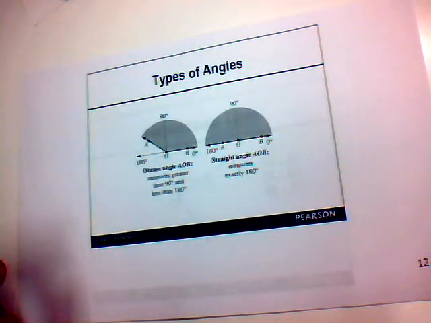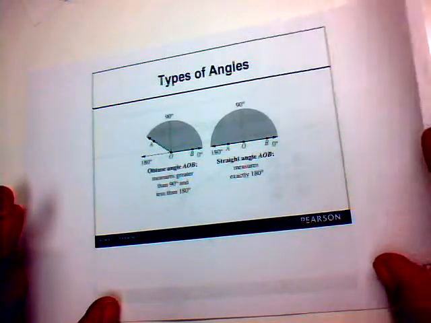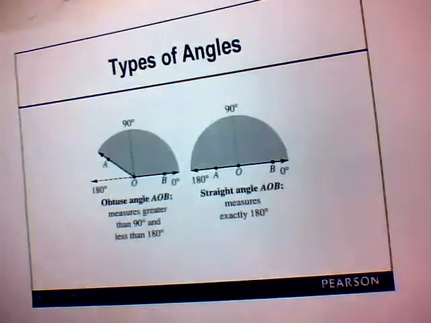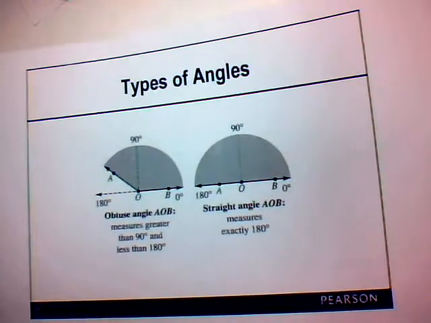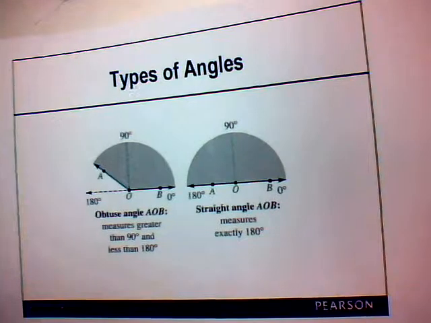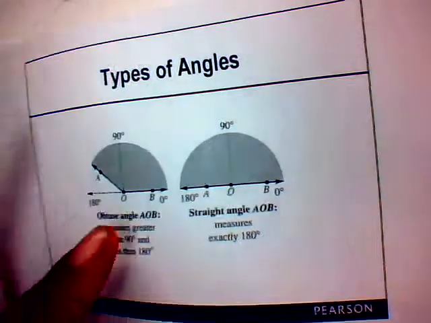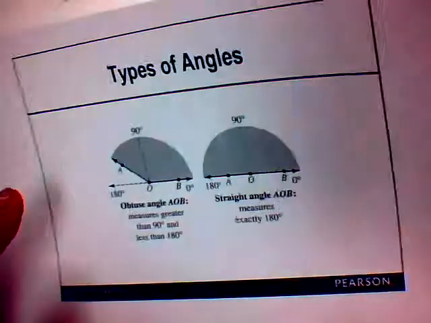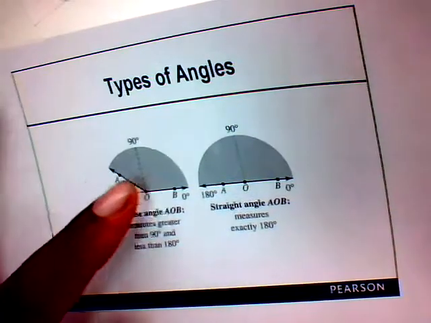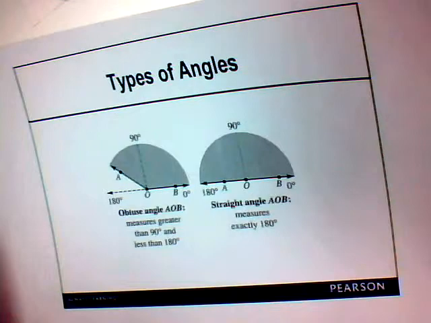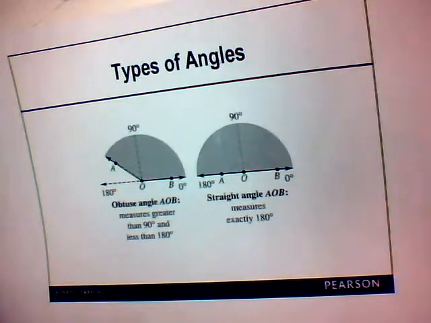And then next you have an obtuse angle. That's an angle with a measure greater than 90 and less than 180. Here, angle AOB is obtuse because that's a wide open angle. Because it's bigger than 90, but it's less than 180.